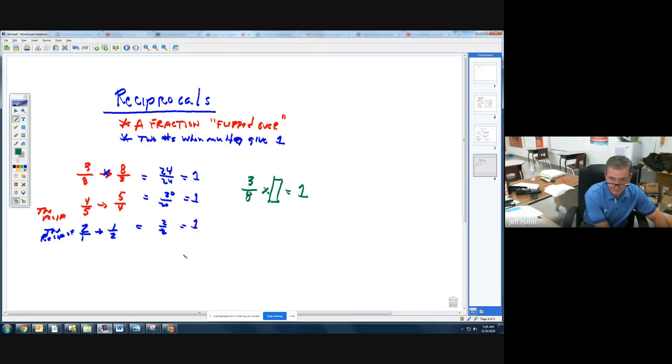Anytime you see a fraction and they give you something like that, and it equals 1 with multiplication, this will not work with adding or subtracting, but 3/8 times what number is 1, you simply know that they are asking you for the reciprocal of that, which is 8/3. And I believe they will let you just leave that as improper.